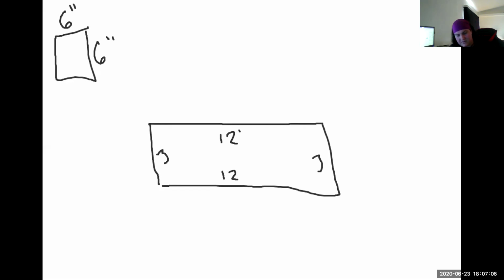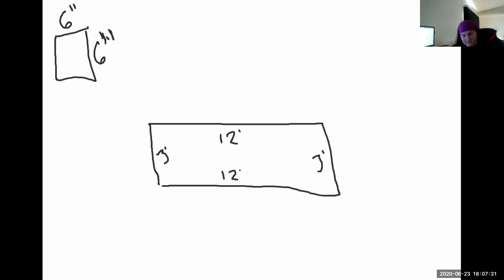Okay, so if we know that there are 12 inches in a foot, that means that we need to double this.